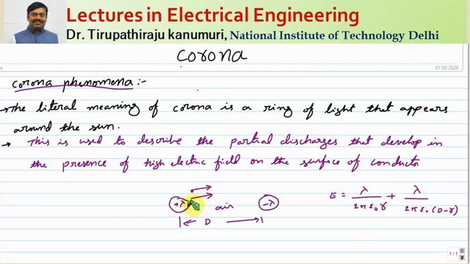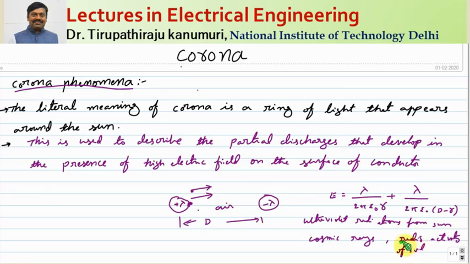Now, practically speaking, air will not be a perfect insulator because of multiple parameters such as ultraviolet radiations from the sun, cosmic rays and radioactivity of soil.